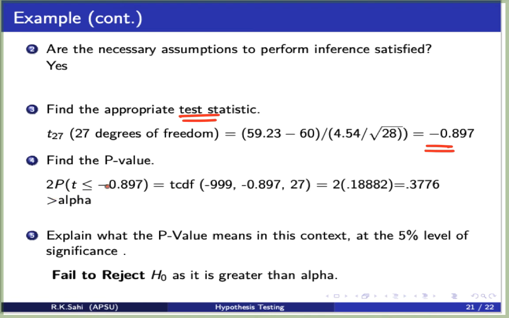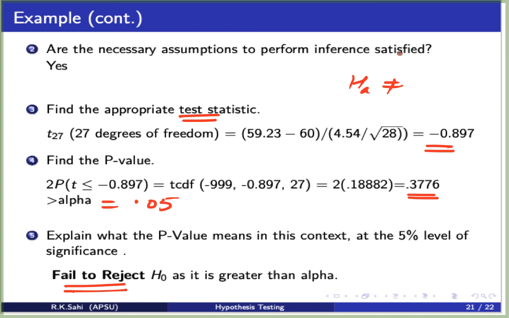Okay, twice, because your alternative hypothesis is not equal to. So what we found is that our p-value 0.3776 is definitely greater than alpha, which is 0.05. And hence, we fail to reject the null hypothesis. In other words, the mean speed of a cheetah is 60 miles per hour.